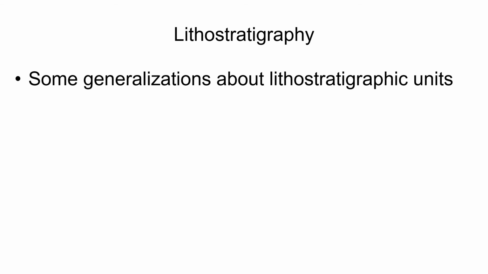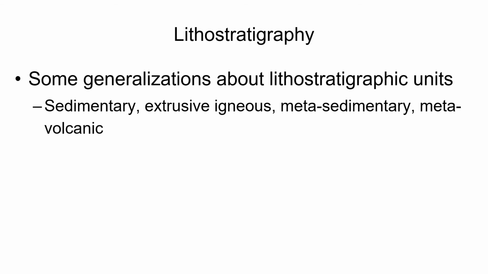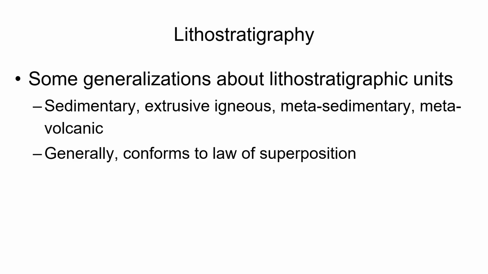Now, with our lithostratigraphic units, here are some basic generalizations about these types of units. First of all, we're usually talking about sedimentary rocks. However, lithostratigraphic units also include extrusive igneous rocks, so basalt flows or ash deposits. They also include metasedimentary and metavolcanic sediments and structures as well. So it is largely sedimentary, but it does include these other groups as well.